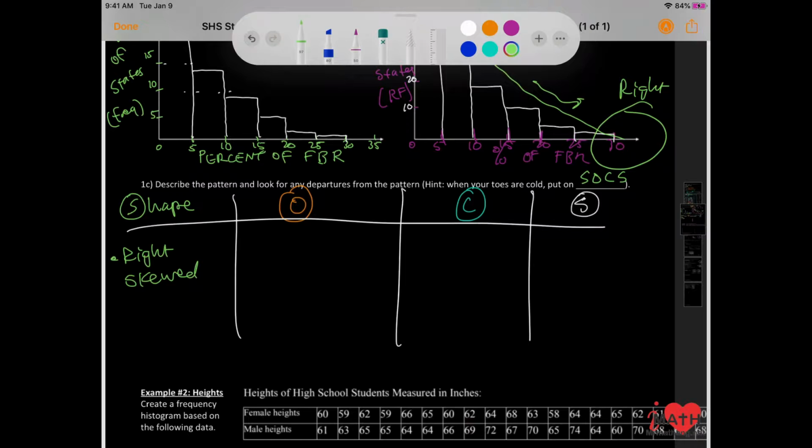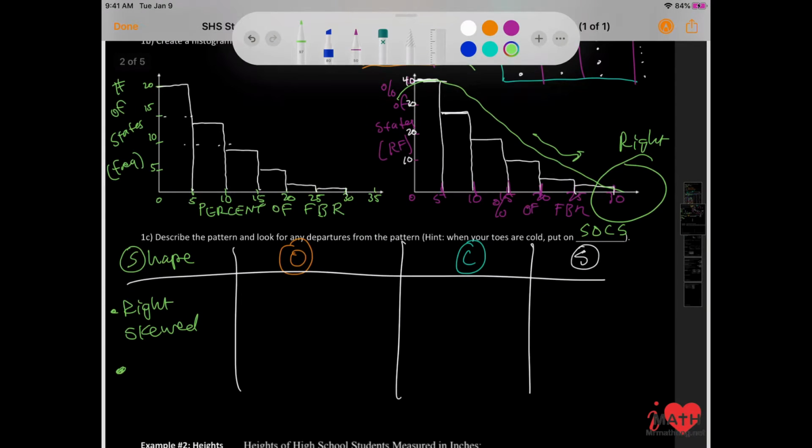Think of a mountain. Up here is a peak, or the highest point, and it's singular. There's not multiple, so we can say single peak to the left.